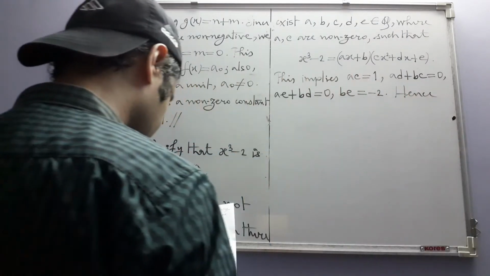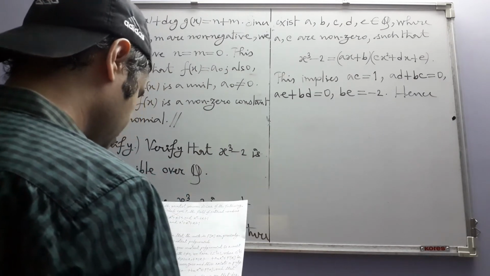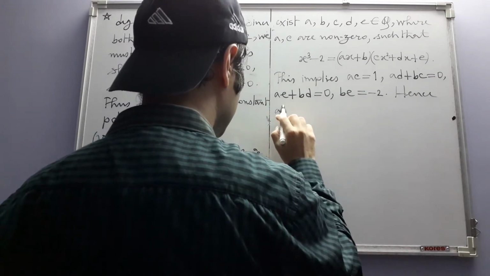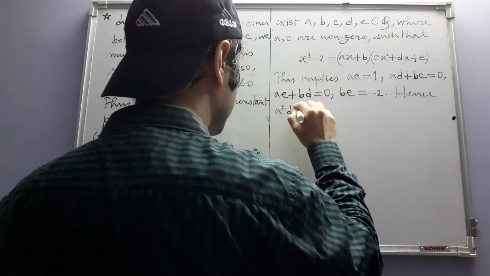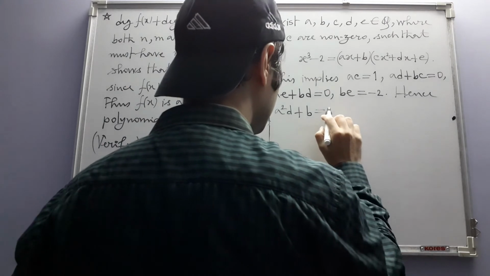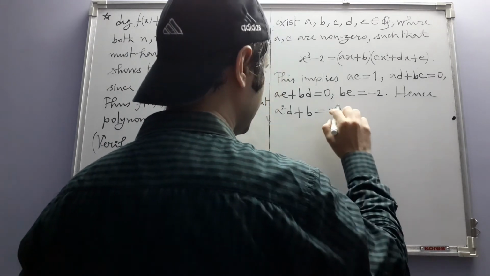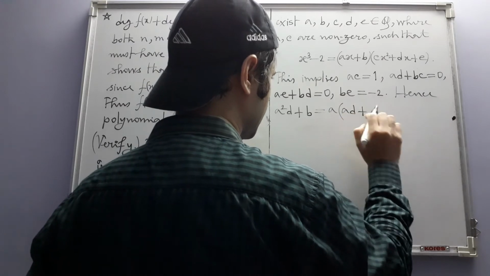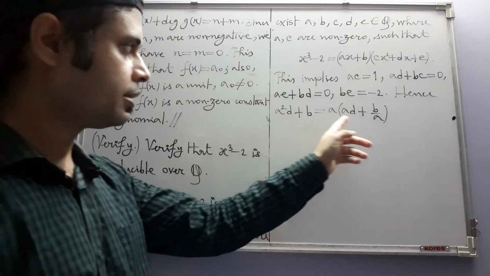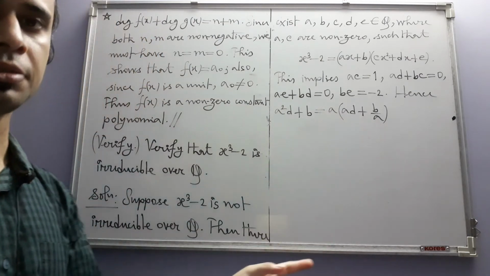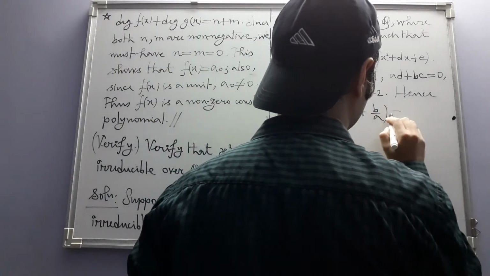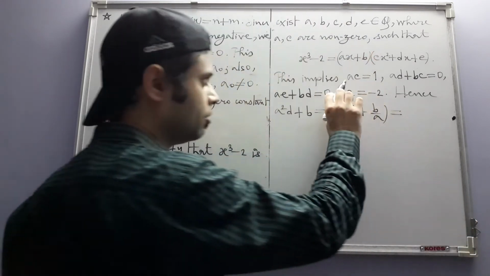The path is a little, you cannot see it immediately. Once you see the calculation, you will understand why we are carrying out these particular calculations. A square D plus B is equal to, you can write it like this, A times (AD plus B divided by A). Clearly this is equal to this provided A is non-zero. A is non-zero because that's how we chose A. Now look at this one.